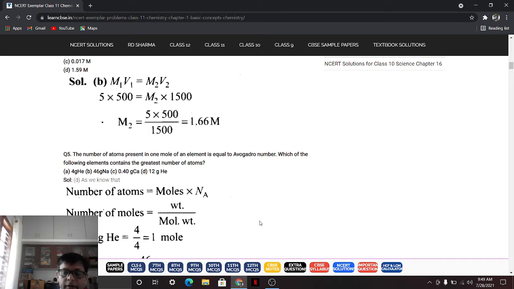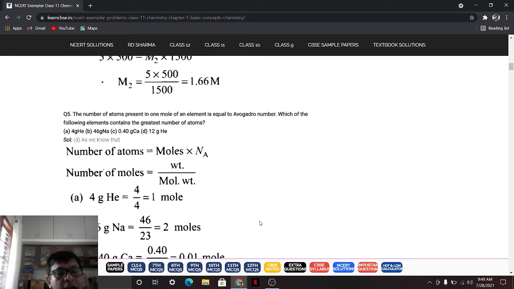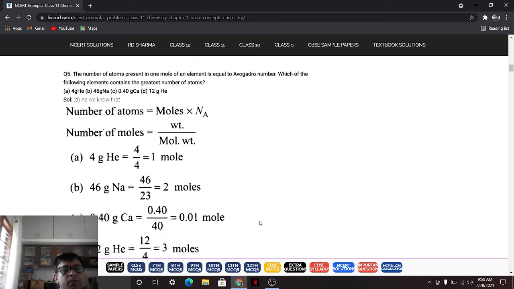Therefore, for A, calculate: 4 gram of helium, so mass is 4. The molecular weight of helium is 4, so 4 by 4 is equal to 1 mole. 46 gram of sodium, mass is 46, but the molecular mass of sodium is 23. 46 divided by 23 is equal to 2 moles.